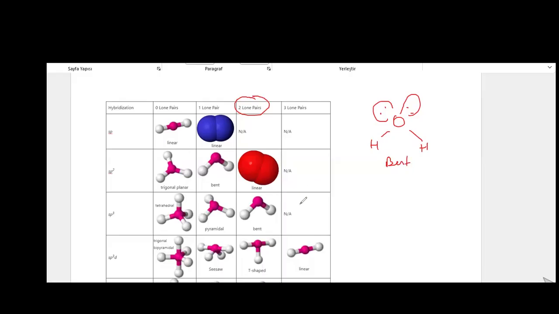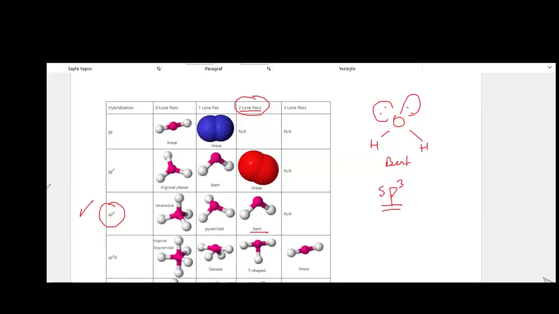So if you look here, you are going to see that there are 2 lone pairs and it has a bent shape. That's why sp3 is our hybrid orbital type. Can you understand? That's why it makes sp3 hybrid orbitals in that molecule.